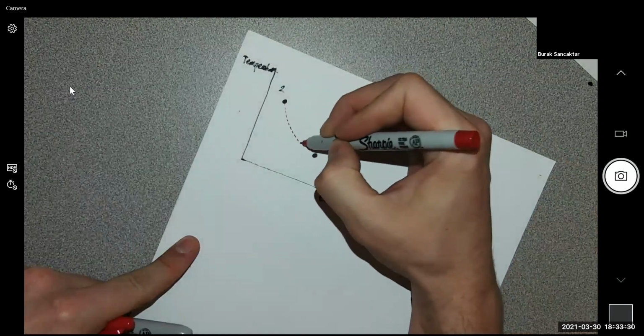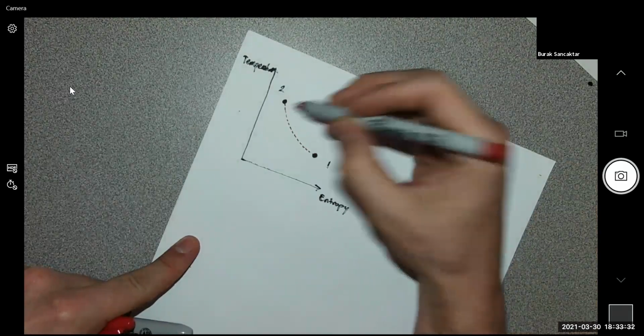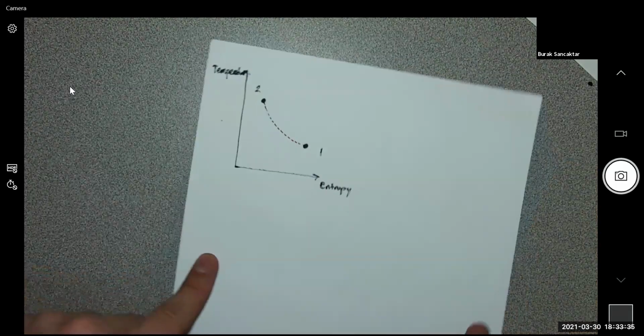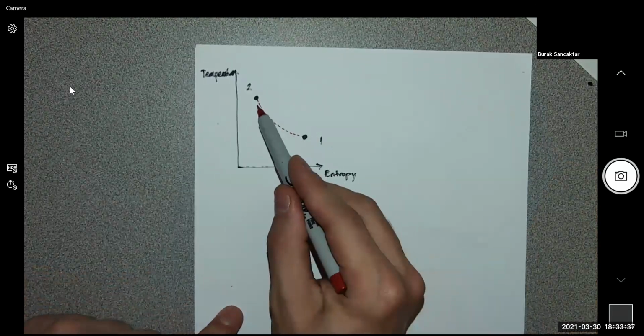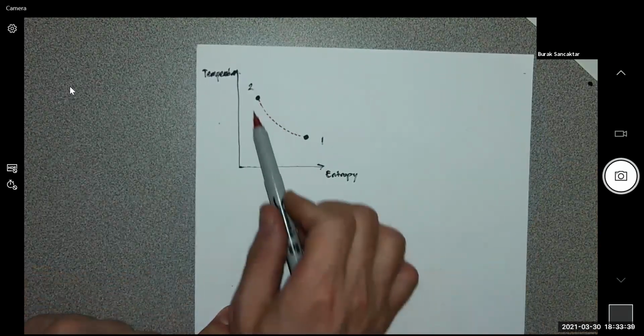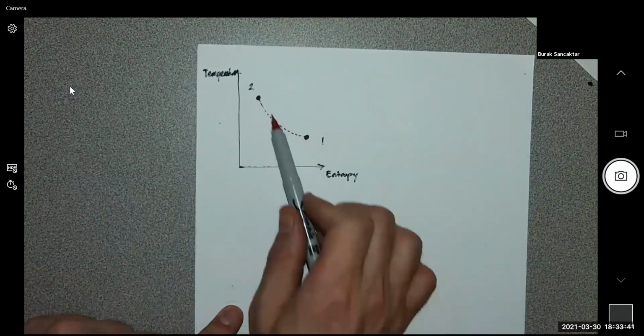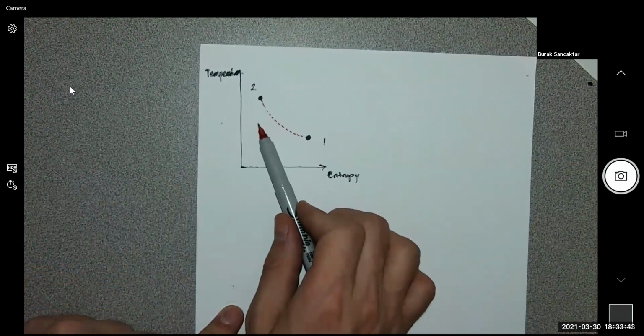It is an irreversible process occurring from state 1 to state 2. Temperature rises, entropy decreases, which puts me here on a TS diagram.